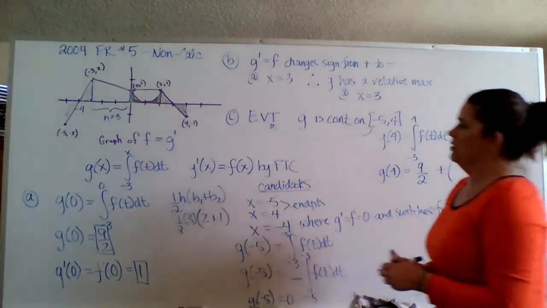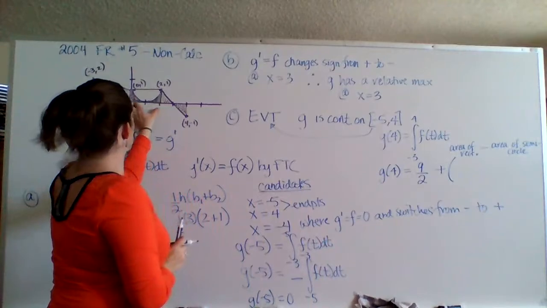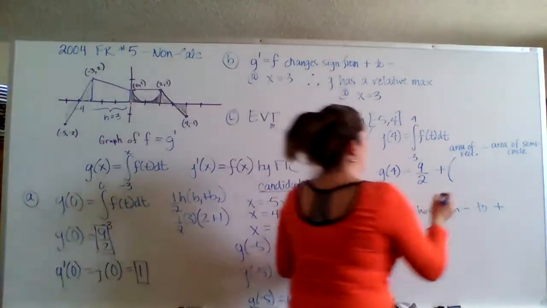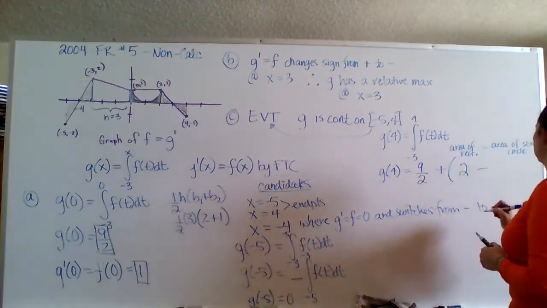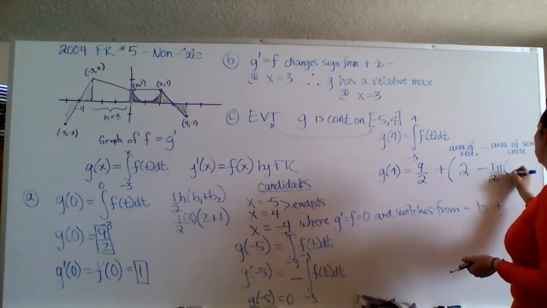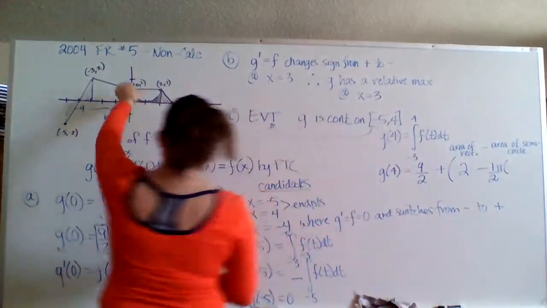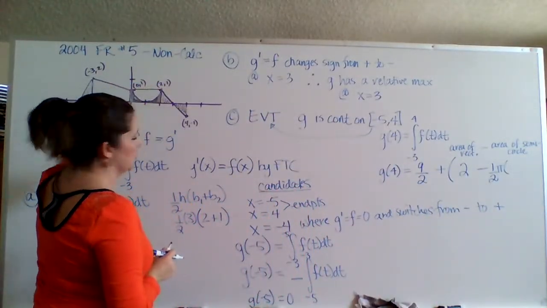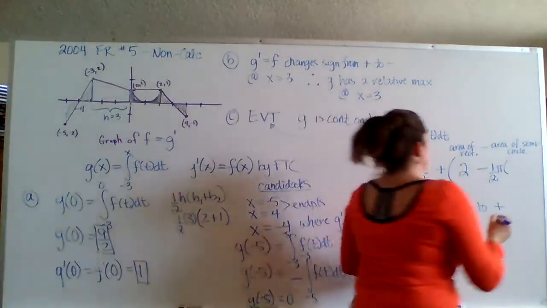So my rectangle has a base of 2, a height of 1. So 2 times 1 will give me 2, minus a semicircle is a half circle. So this is 1/2 pi times r squared. My radius is 1, no matter which way you think about it. And 1 squared would stay 1.